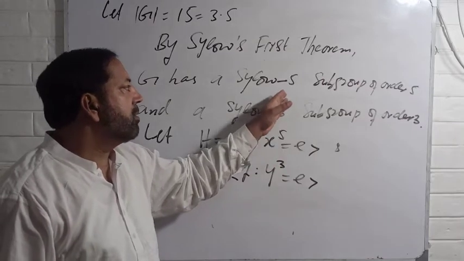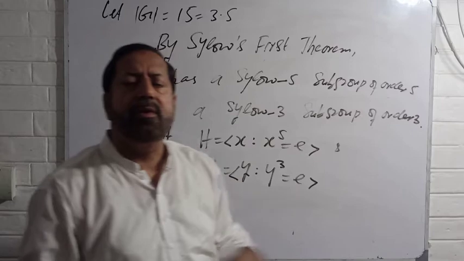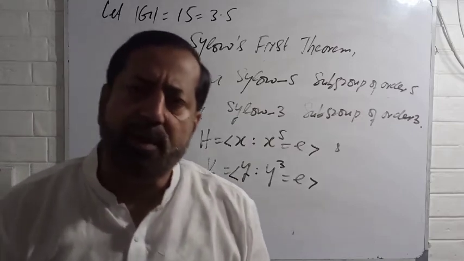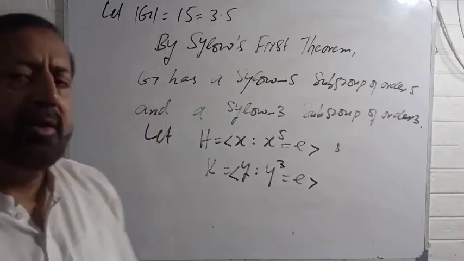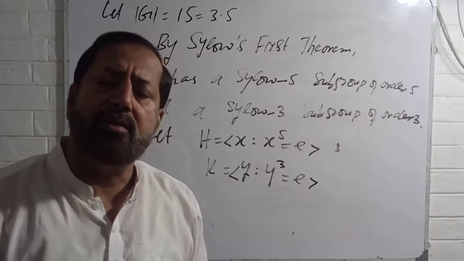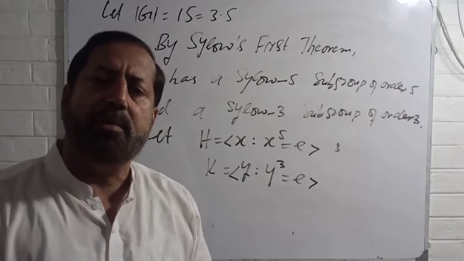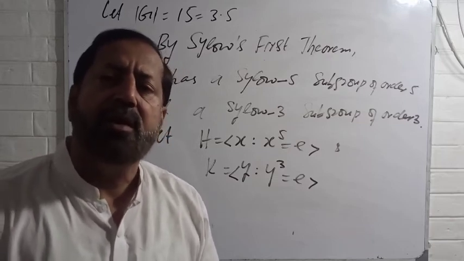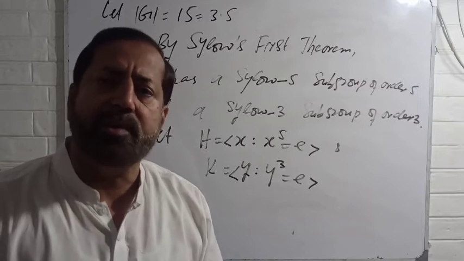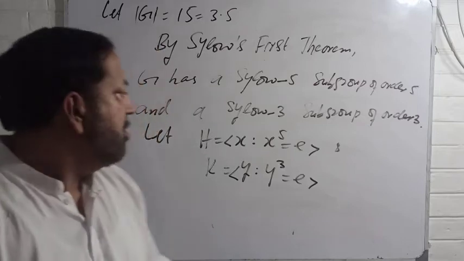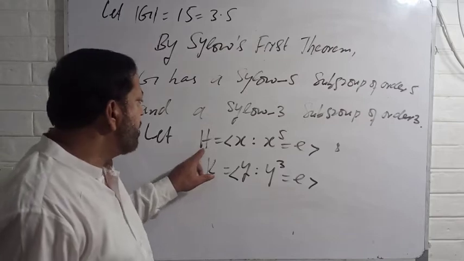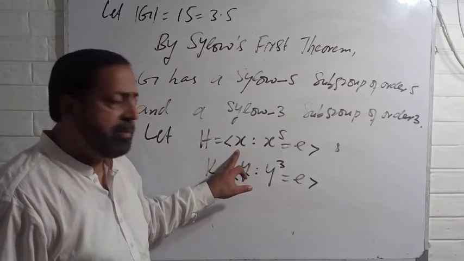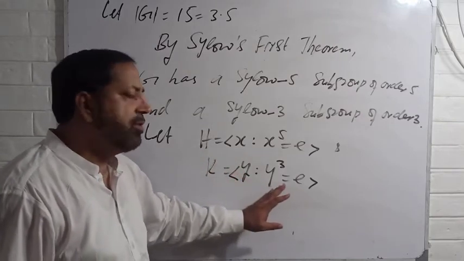Since a group of order 5 is cyclic, 5 being a prime number, and similarly 3 is a prime number, and you know that every group of prime order is cyclic, that's why I'm taking these two groups as cyclic. So let H be a Sylow 5 subgroup and K a Sylow 3 subgroup.